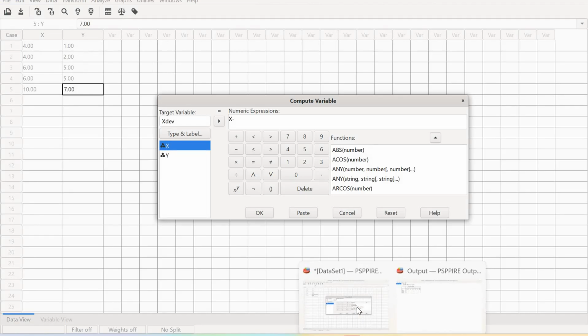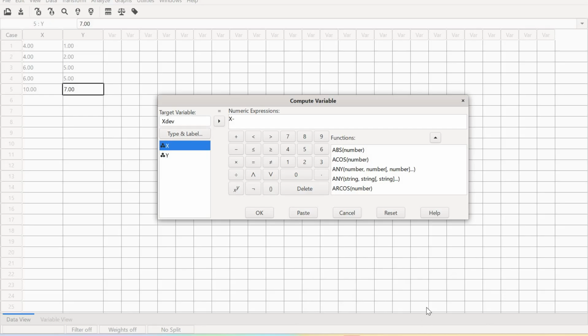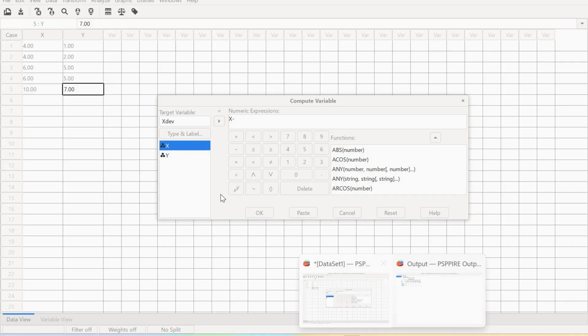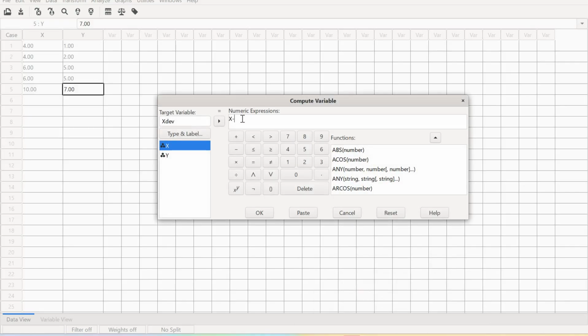Mean for x. Where's the result? I want to look at the result. The mean for x, I believe, was 6. Here, output, okay, 6. x minus 6.